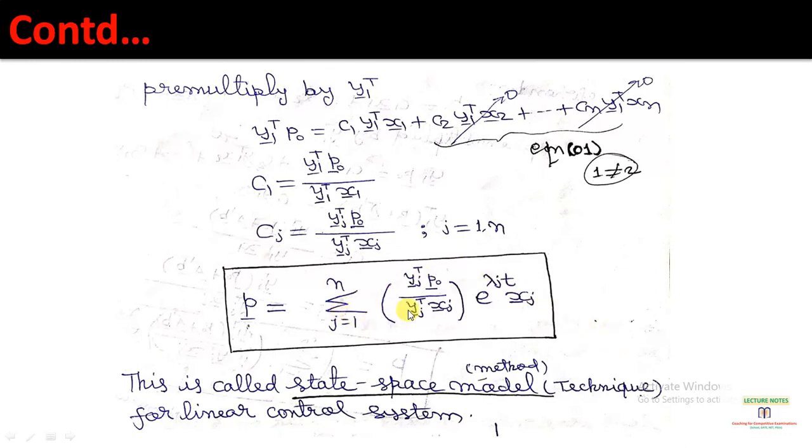So we get this solution: p equals summation j equals 1 to n of [yj transpose p naught divided by yj transpose xj] e to the power lambda j t xj.